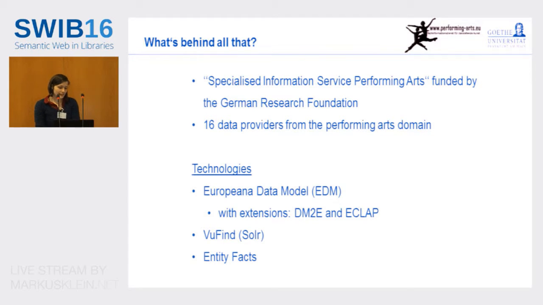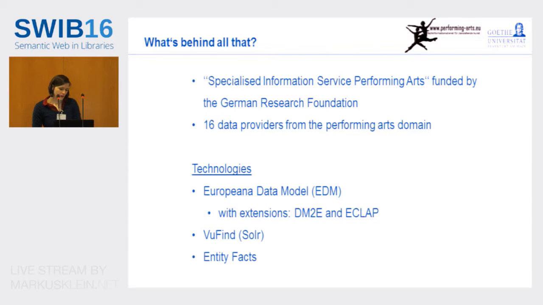And for the technologies to model the data as linked data, we use the Europeana Data Model, and this gives us the flexibility to model our data as linked data, because the data we got was very heterogeneous, so it really differs in the way the data is presented or described.